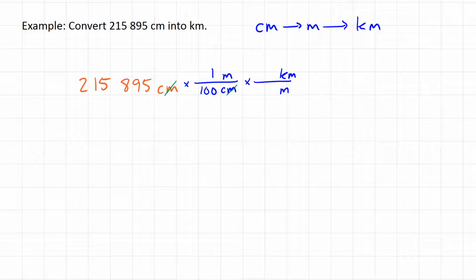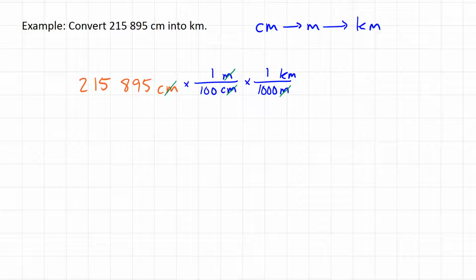So I put my meters on the bottom of the fraction, my kilometers up top, and I go to my conversion table to find that for every 1 kilometer, there's 1,000 meters. And now what this is going to do is it's going to cancel my meters that I just did in the previous fraction, and it's going to leave me with the kilometers.